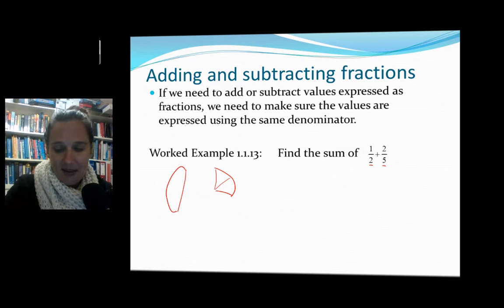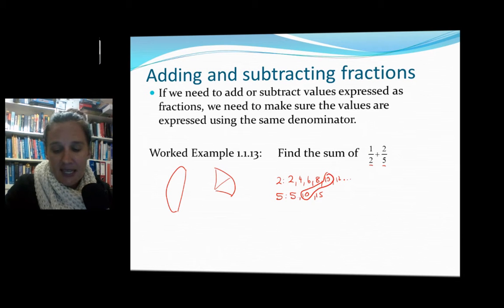So if we think of a half, here we have in our denominator a 2. So we look at our multiples of 2. We have 2, 4, 6, 8, 10, 12, and so on. Our other denominator is a 5. So here our multiples of 5 go 5, 10, 15 and so on, and we think 10.